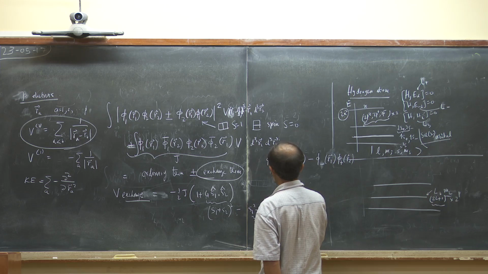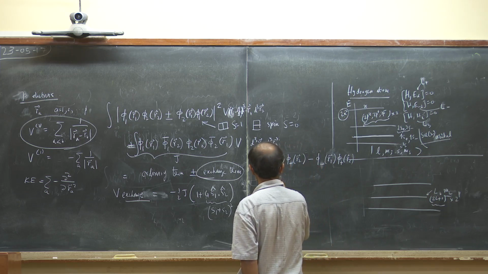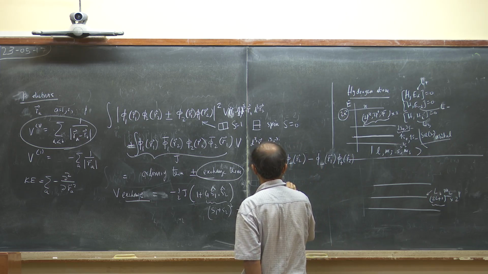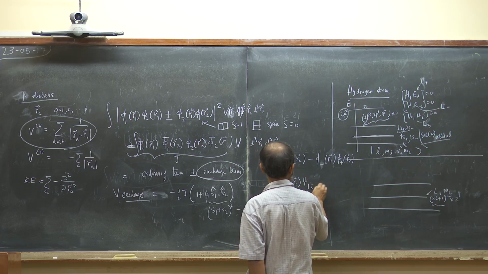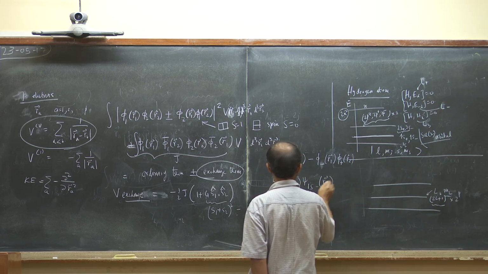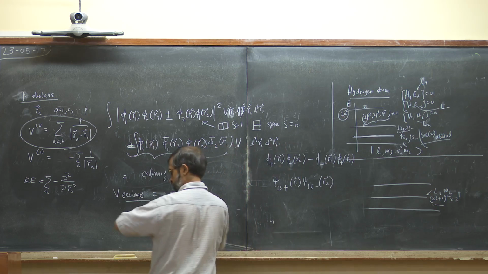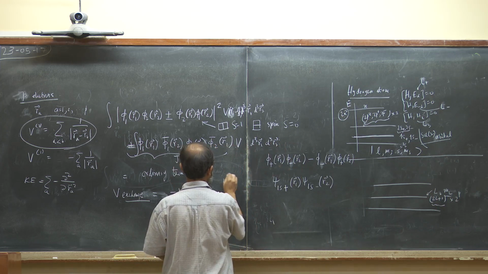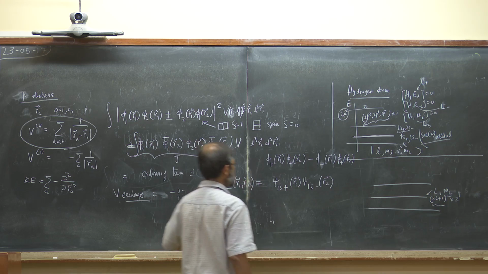Let us say that two of the 1s electrons, so let us say this is like psi 1s at R1 and psi 1s at R2. So I am constructing the 2 electron wave function, like this.